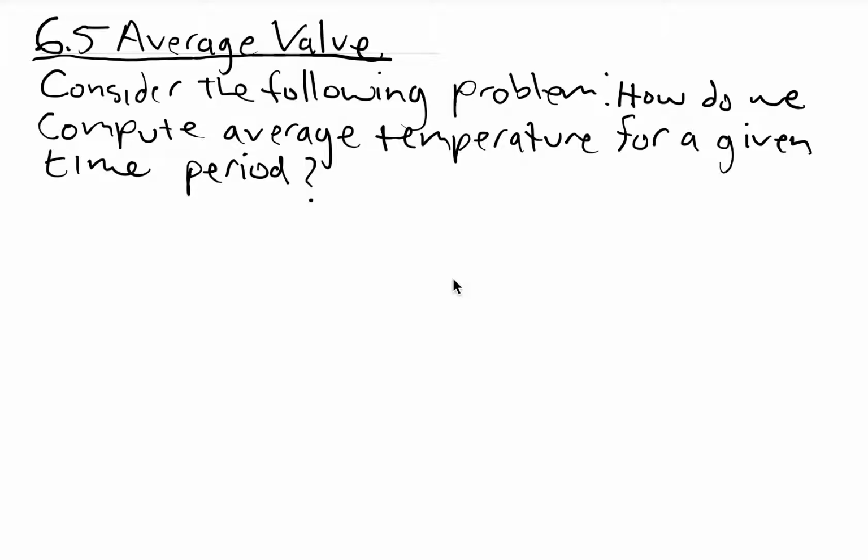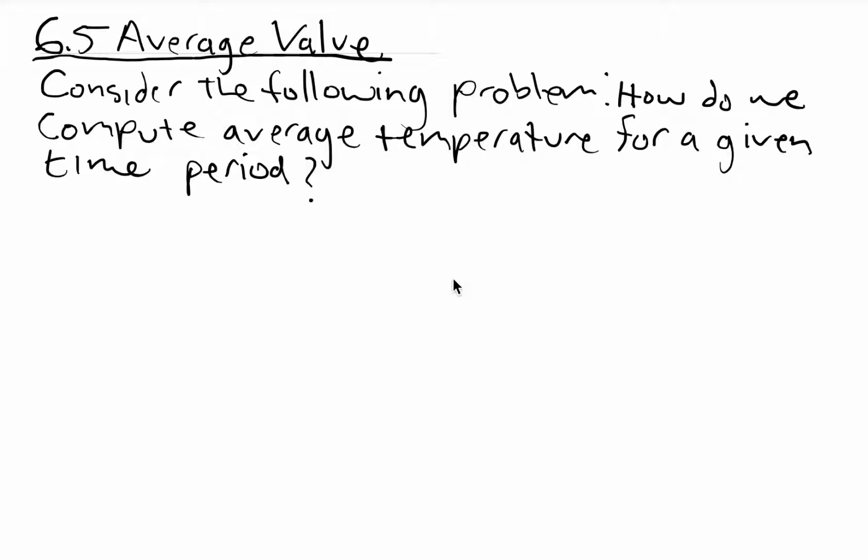6.5, average value. Rather than starting out with definitions or theorems, I'm going to give you a motivating problem for this section. We're out for weather-related events, so let's make this a weather-related motivating problem. How do I compute something like average temperature for a given time period?